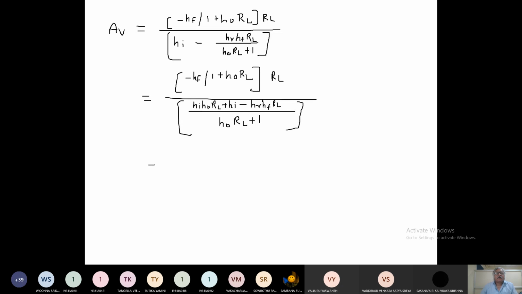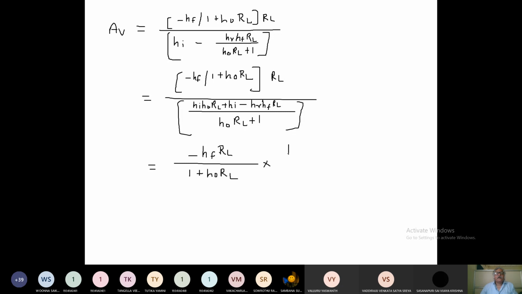Now we further solve this. So here see the numerator, minus HF divided by 1 plus H naught RL multiplied by RL. So RL will be multiplied by minus HF. So I write here minus HF RL divided by 1 plus H naught RL. Right? This is my numerator and denominator. In the denominator, this H naught RL plus 1, this I will bring in the numerator.